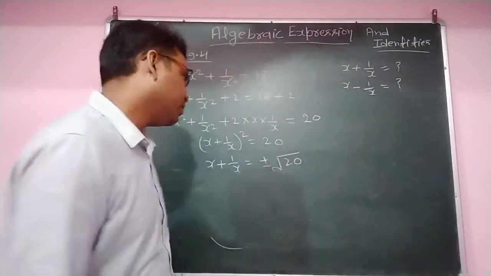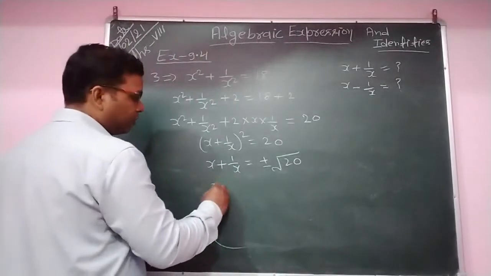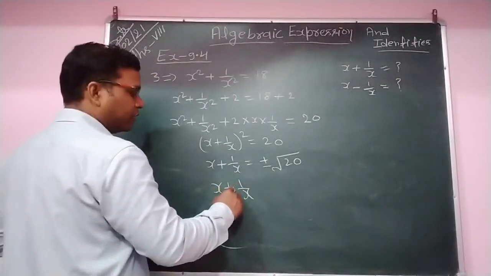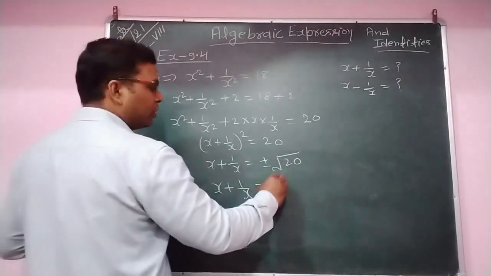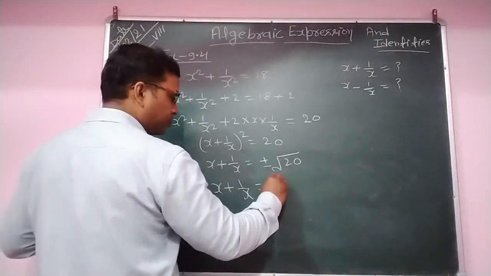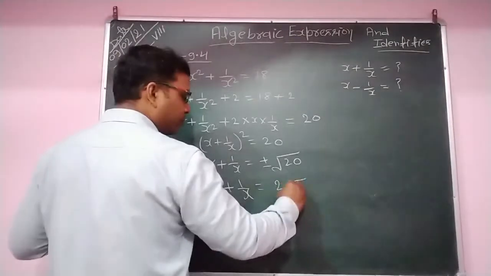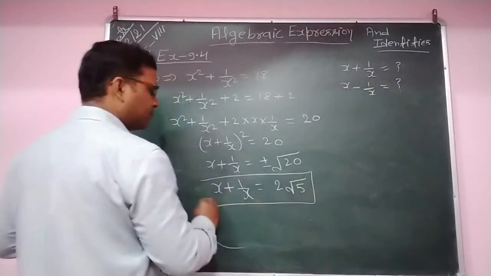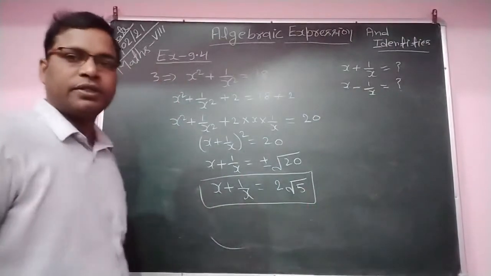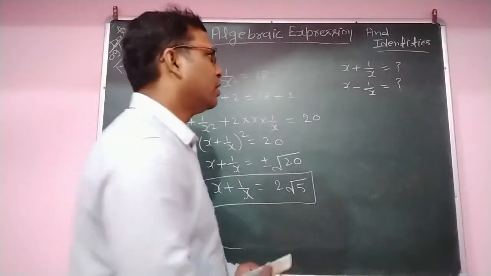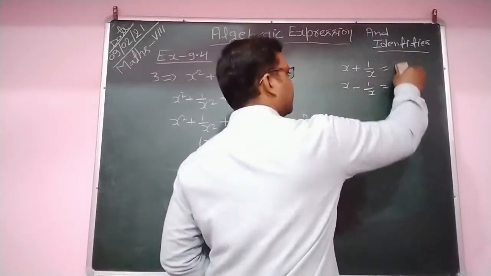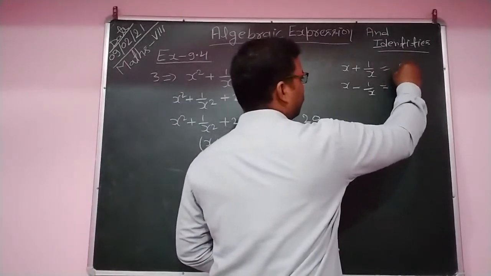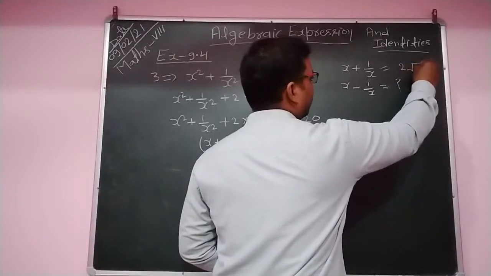Now, if you take the positive value, then we get x plus 1 upon x equal to 2 into root 5. Clear? So the value of x plus 1 upon x is equal to 2 under root 5.